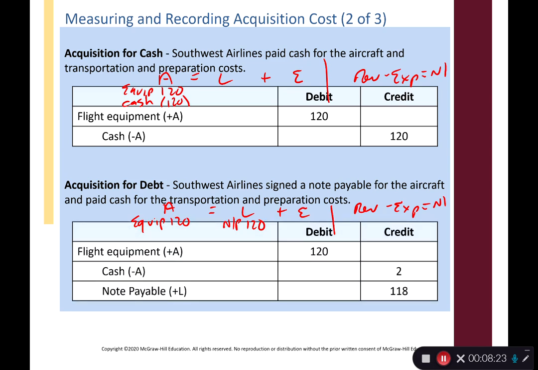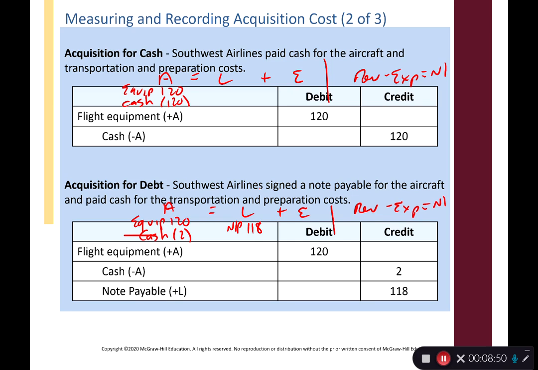Here, it would have been helpful if they told us the numbers. So they're saying they paid $2 million in cash, and then the remainder is on a note payable. So given that new information, which obviously we'd have to provide you in the problem, the equipment's still going up $120, cash is going to go down $2, and then the note payable goes up the difference of $118.